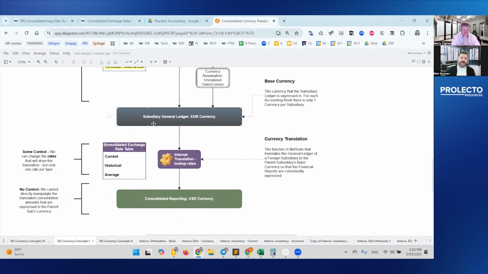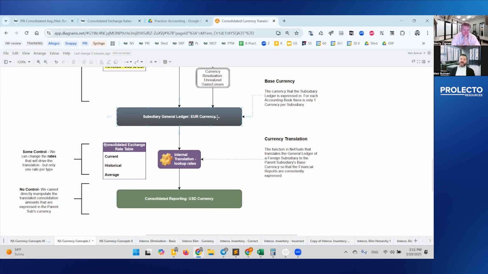And so it's important to note, this has nothing to do with whether or not the source transactions are in a different currency or not. These transactions that comprise this GL may be in euro, likely they are because that's their local currency. They may not be in euro. They may be in whatever currency they are. And NetSuite, of course, has the capacity to transact in multiple currencies.